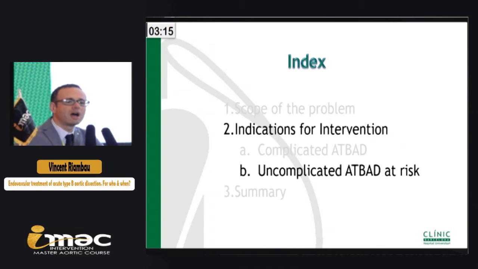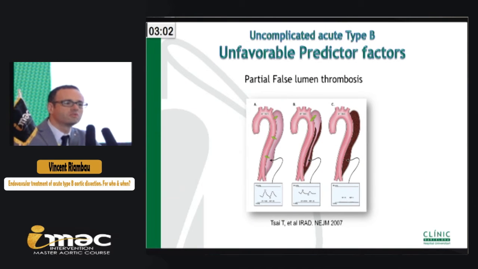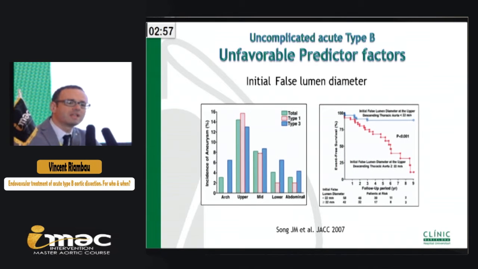But what about the uncomplicated at risk? This is a difficult concept to define, but how to treat this? Because we know there are some predictive factors for this, and partial lumen thrombosis has been mentioned before. Also, the false lumen diameter at the very beginning: the larger, the worse.